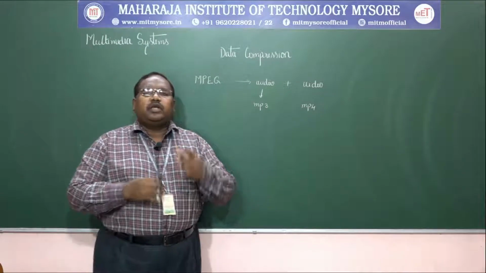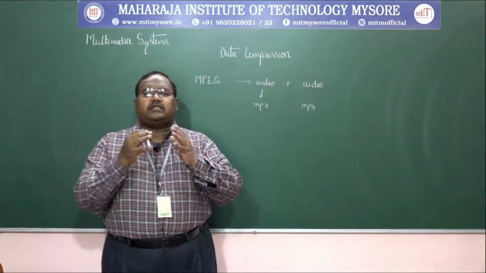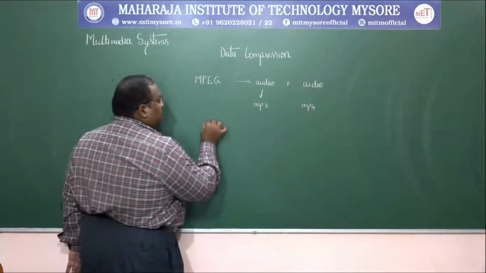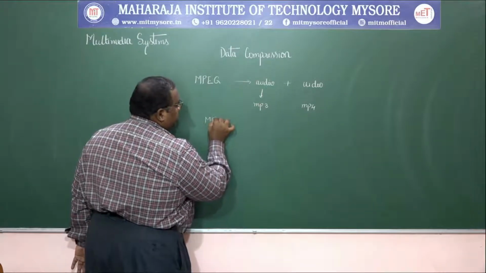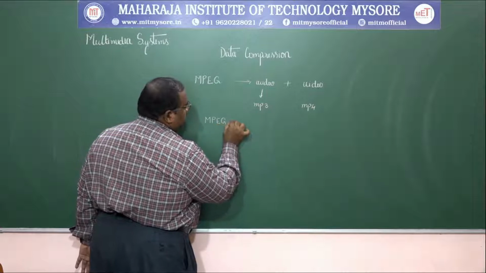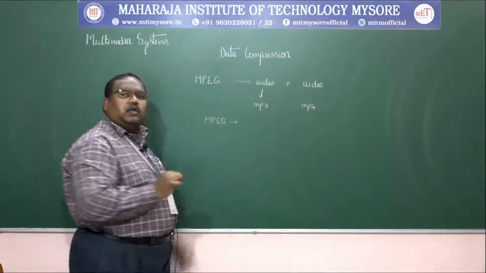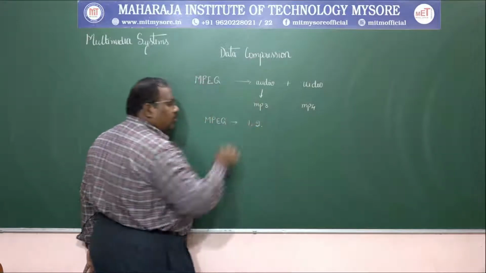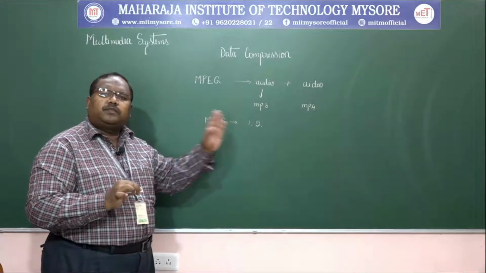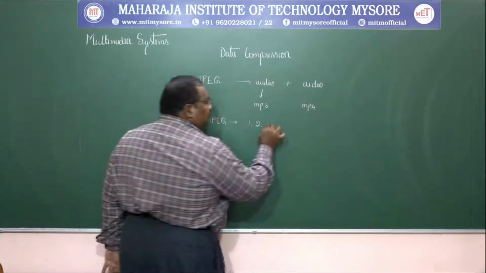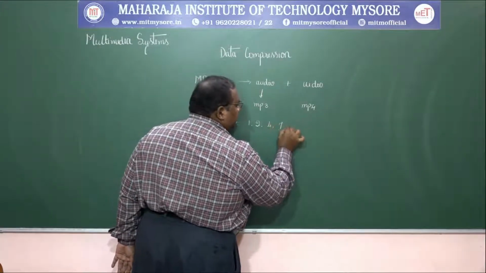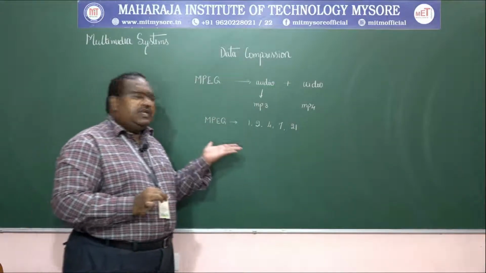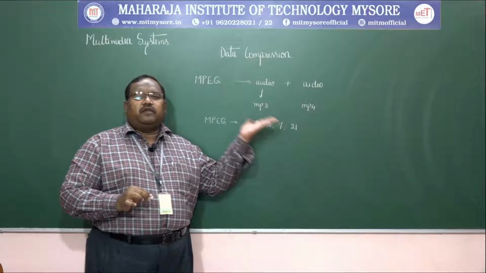Now, when we talk about the evolution, various standards have evolved with respect to MPEG: MPEG 1 and 2, which are most popularly used, then 4, 7 and finally MPEG 21.